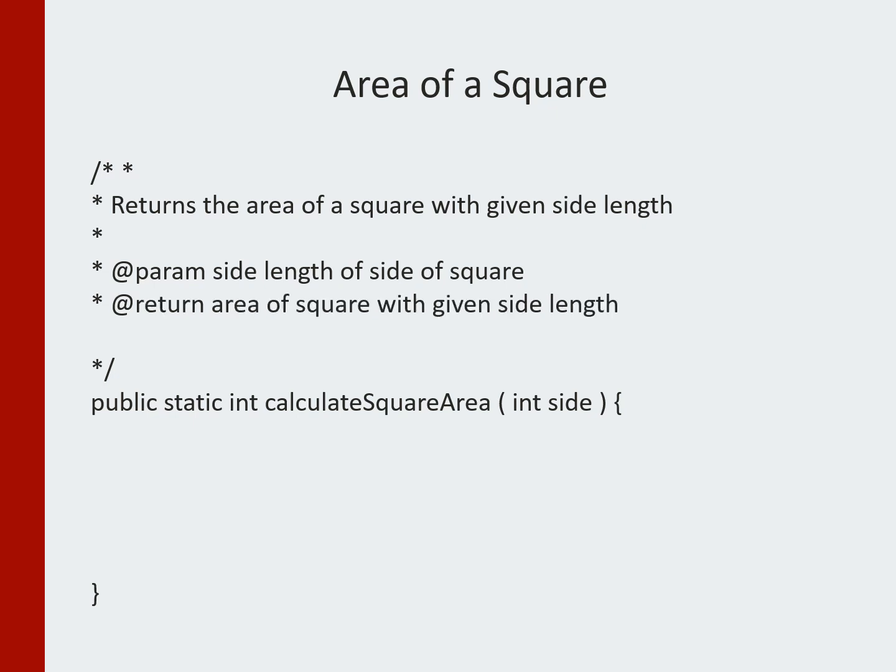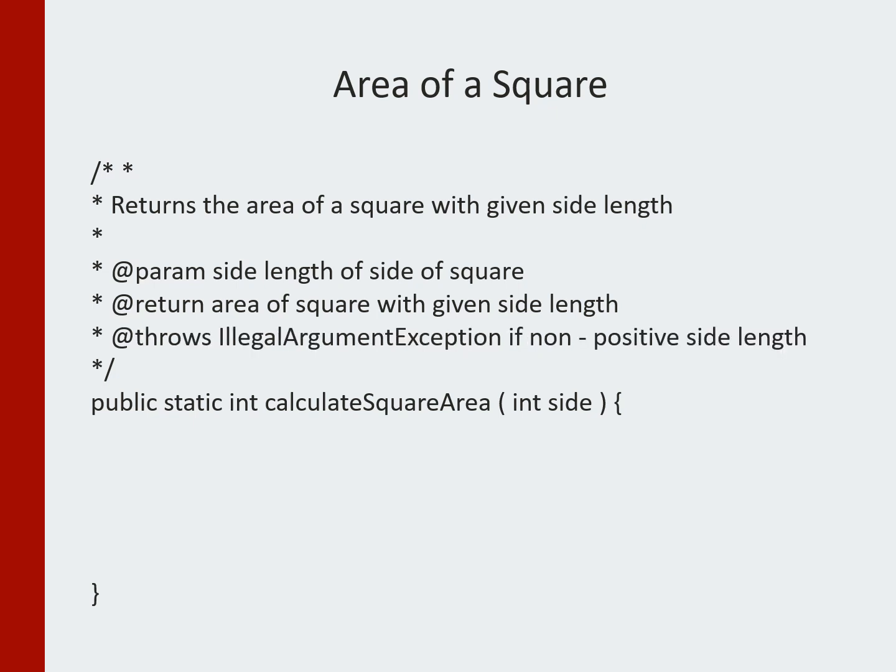And it's going to return the area of the square that had that given side length. Now, one more thing I'm going to add to my Javadocs is @throws IllegalArgumentException. And you say what would cause the method to throw an exception rather than returning.